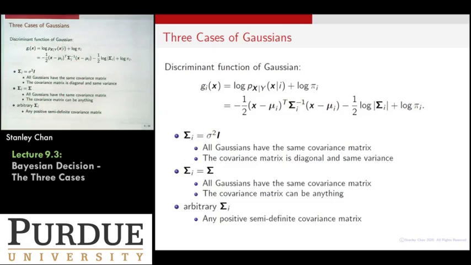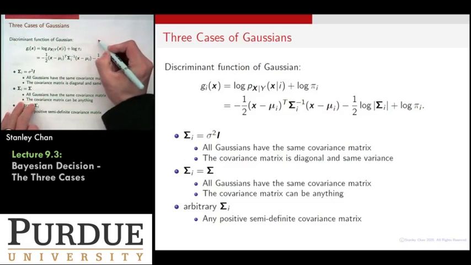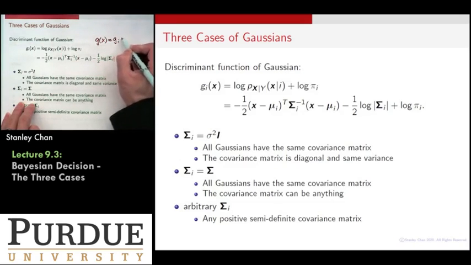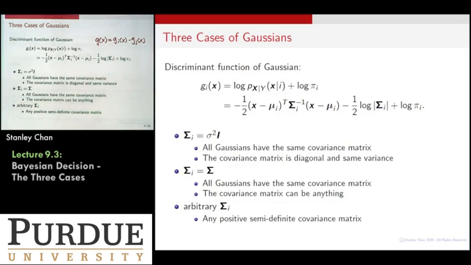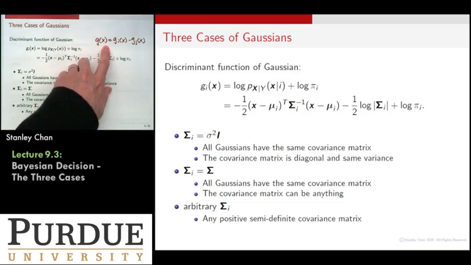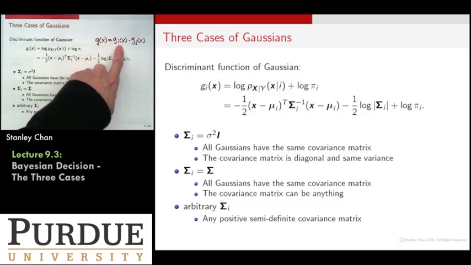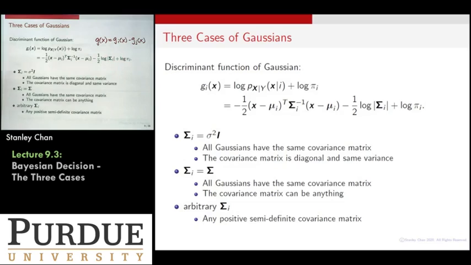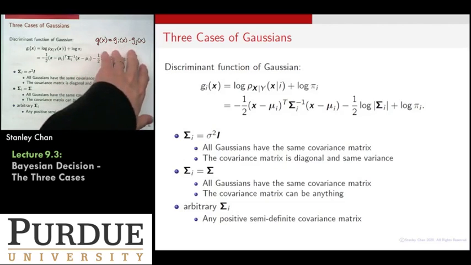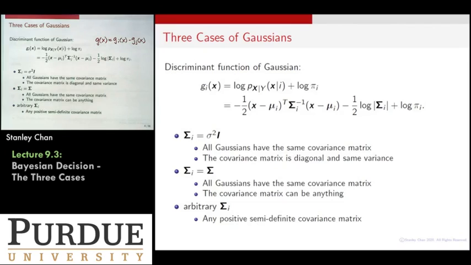And then the decision rule is, of course, you check the overall discriminant function, which is g(x) equals g_i(x) minus g_j(x). And if g(x) is bigger than 0, then you claim it will be class i. Otherwise, you will claim it is class j. Again, we're doing two classes, so i and j, literally just two classes. If you have multiple classes, you need to extend this idea to consider multiple boundaries. There are different rules for doing multi-class.